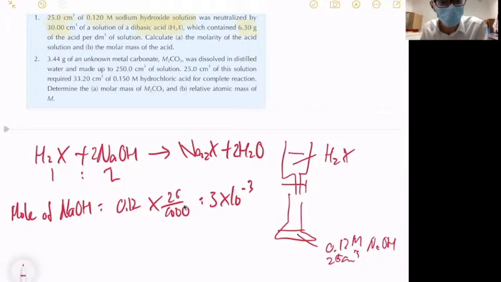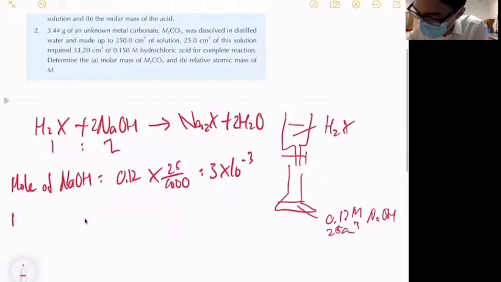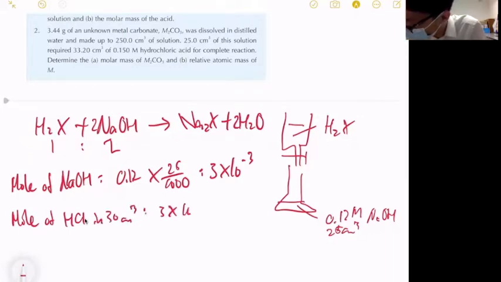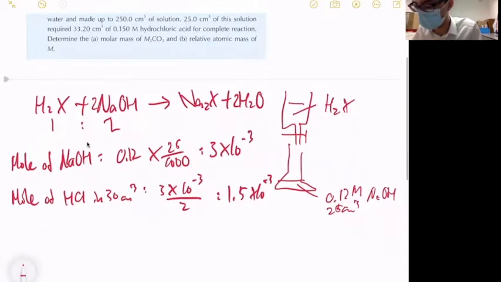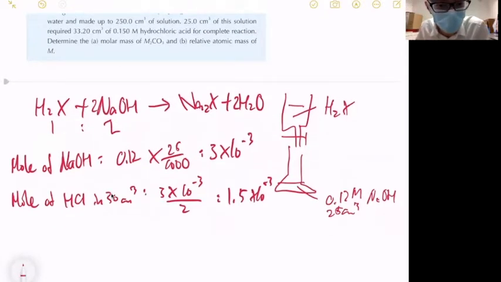Because we have reacted 3 times 10 to the power of negative 3 moles of sodium hydroxide, it means that inside 30 cm³, we will have 3 times 10 to the power of negative 3 divided by 2, because the mole ratio is 1 to 2. So you will get 1.5 times 10 to the power of negative 3 moles of H2X in 30 cm³.